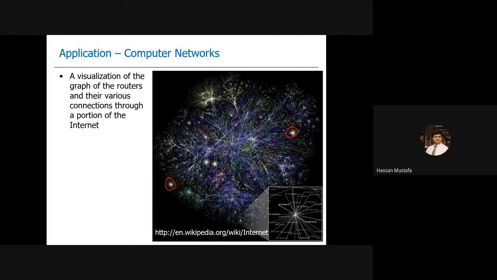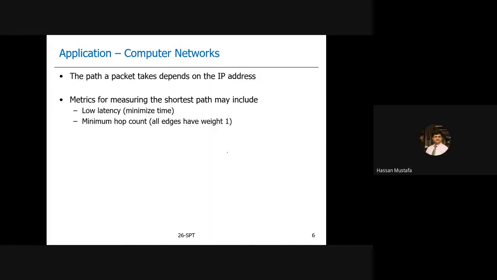Maybe a node goes down, maybe a computer shuts down, or maybe a router malfunctions somewhere in between. So we need to keep updating the shortest path information as well. That's another application.